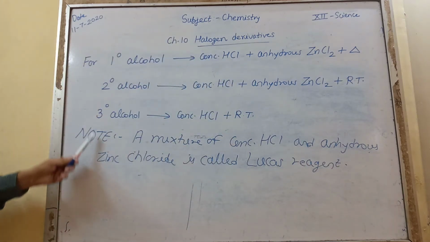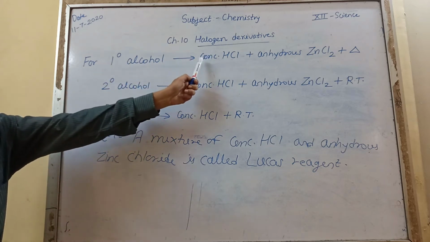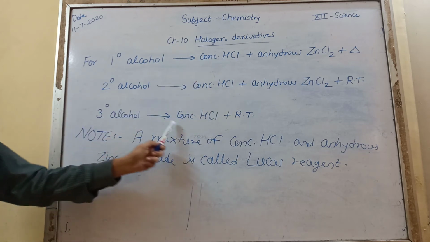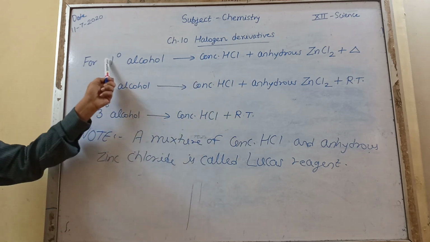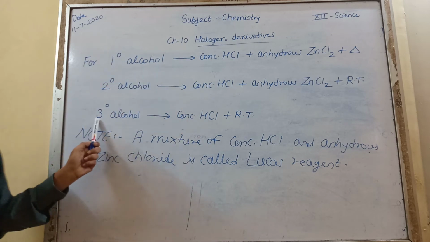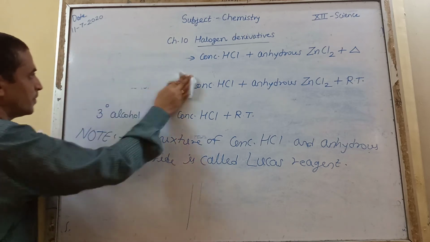These are very important points. For primary alcohol, conditions are what? Strong. But for tertiary alcohol, conditions are mild, because primary alcohol is less reactive and tertiary alcohol is more reactive. Now we will see some examples.